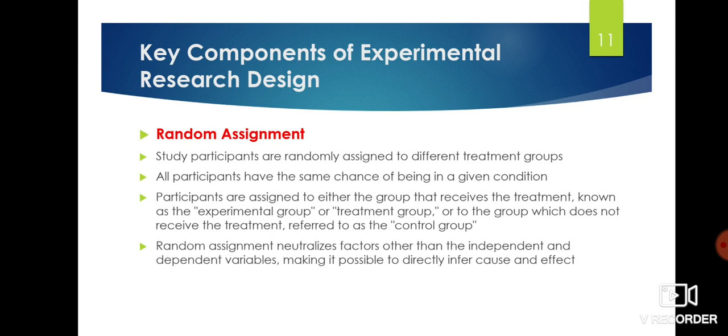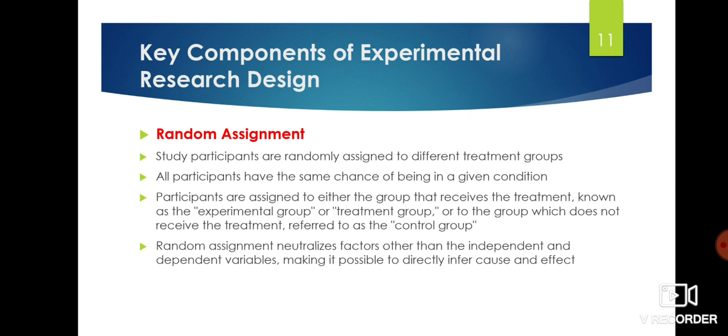Okay? Number 3, participants are assigned to either the group that receives the treatment, known as the experimental group or treatment group, or yung group na hindi makaka-receive ng treatment or makaka-receive lang ng placebo, we call that as the control group. Tandaan ulit, sa true experiment, merong control group dapat at merong total manipulation of the independent variable at merong randomization. Pero sa quasi-experimental, pwedeng walang control group.